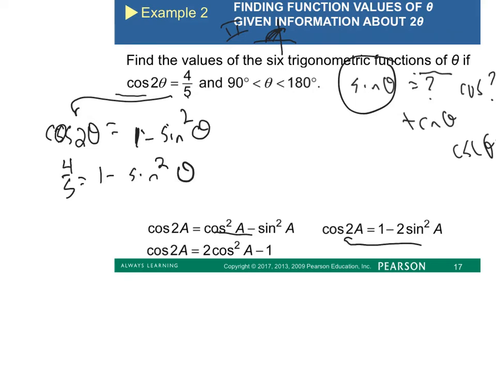If I solve this for sine squared theta, I get 4/5 minus 1 equals negative sine squared theta. 4/5 minus 5/5 is negative 1/5, which equals negative sine squared theta.